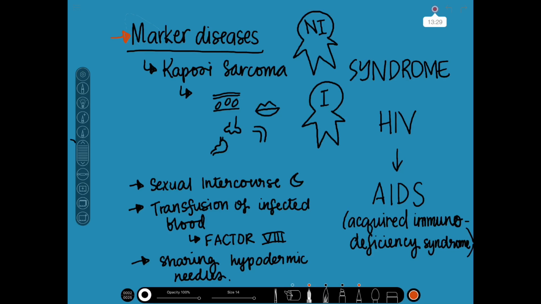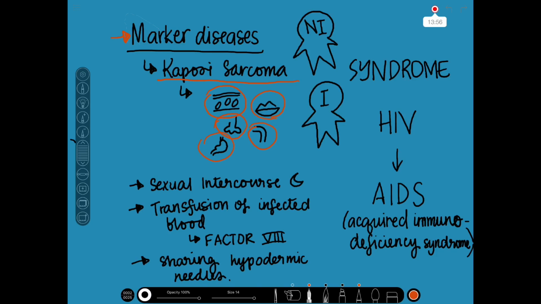An example of one of those diseases is Kaposi sarcoma. Kaposi sarcoma is a cancer that causes patches of abnormal tissue to grow under the skin, in the lining of the mouth, nose, throat, and in lymph nodes or in other organs.